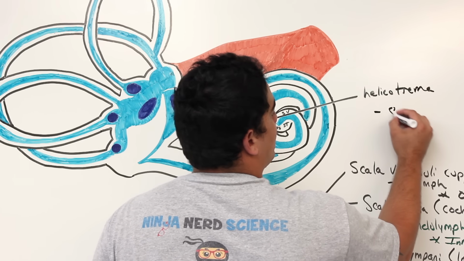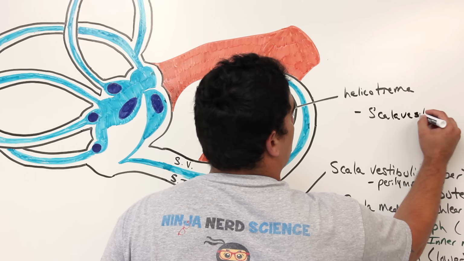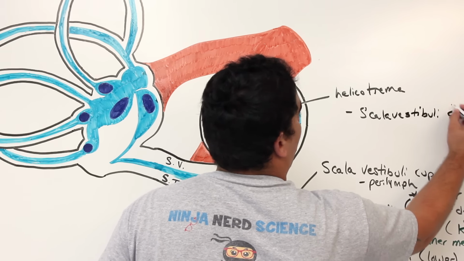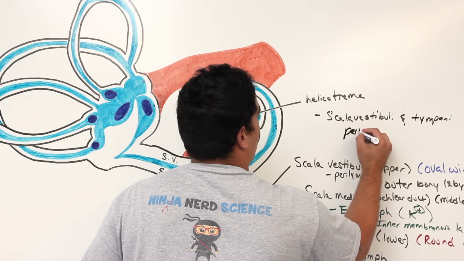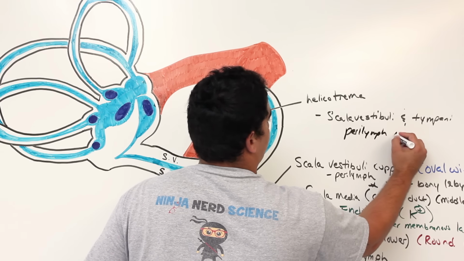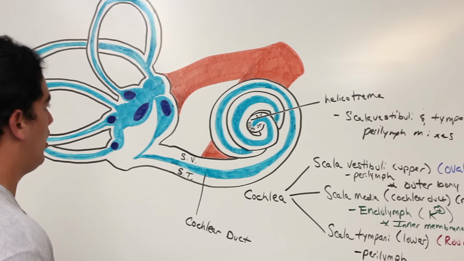Okay? So it's where the scala vestibuli and tympani perilymph mixes. All right, sweet deal. That's the helicotrema.